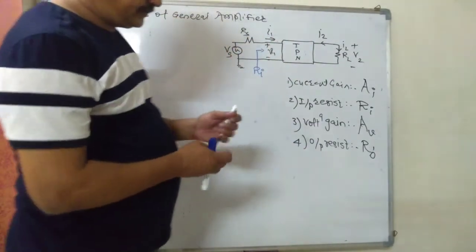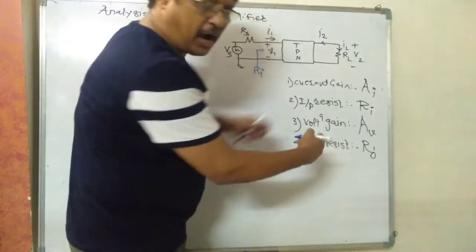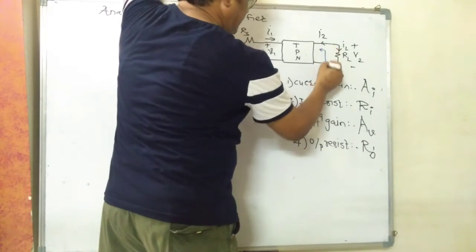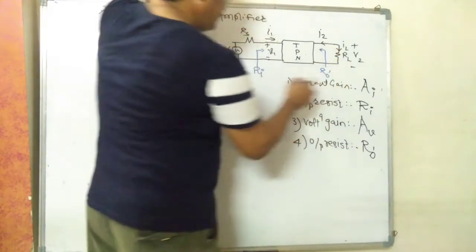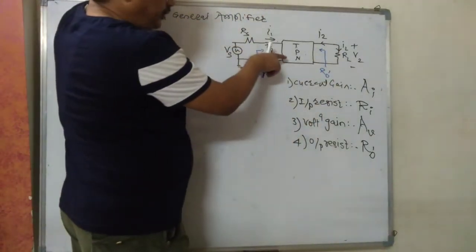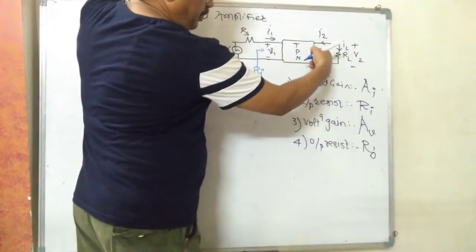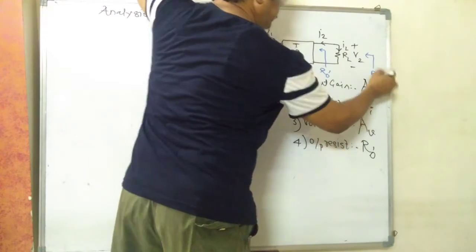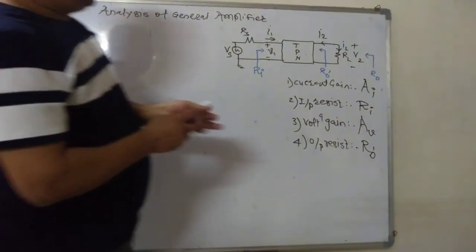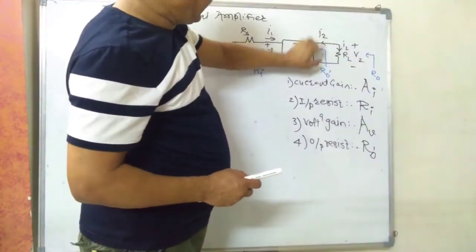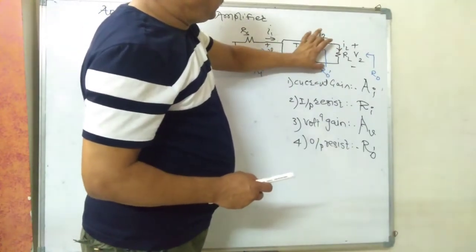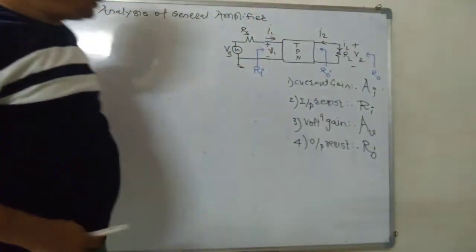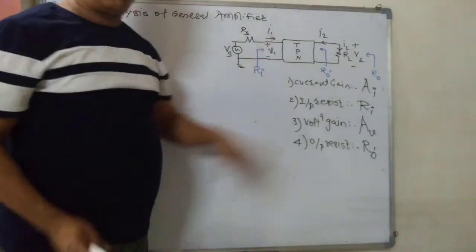Output resistance is the resistance in the output terminals. These are the output terminals of the transistor, so this is RO dash. Input terminals of the two-port network RI, output terminals of the two-port network RO dash. The resistance between these two terminals is indicated as RO dash. This RO dash in parallel with RL will be RO. So we have to derive relations for these four.